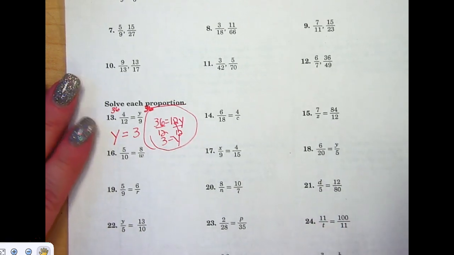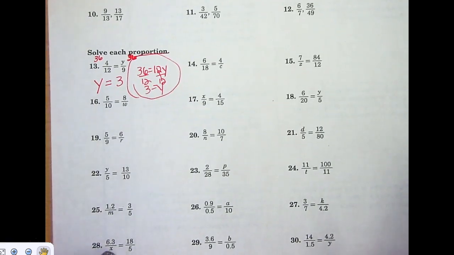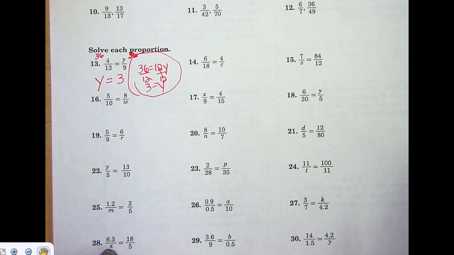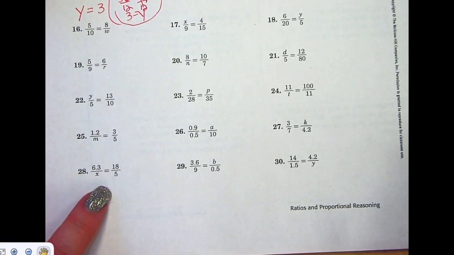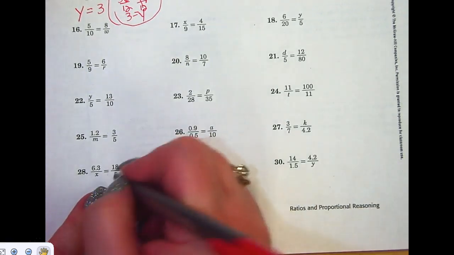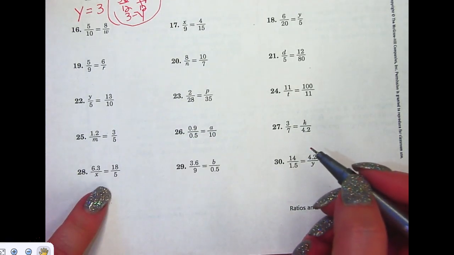Okay, let's look at number 28. Why does number 28 look a little bit more difficult? It has a decimal, but if you're using a calculator, is it really any more difficult? No, it's not. 5 times 6 3/10, what do we get?